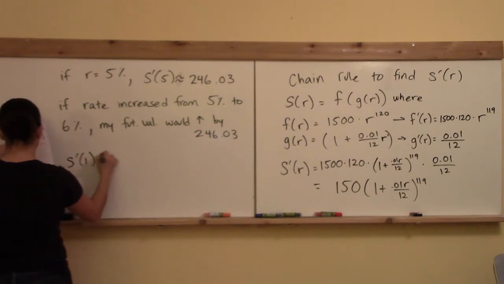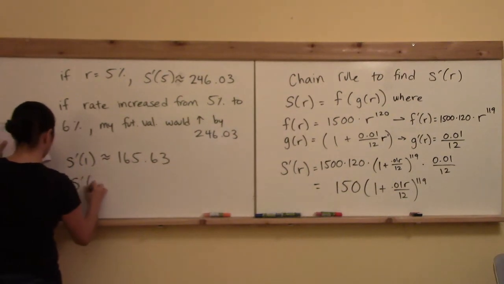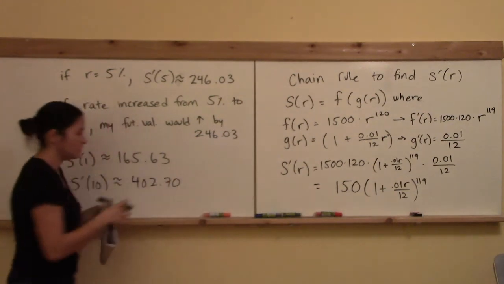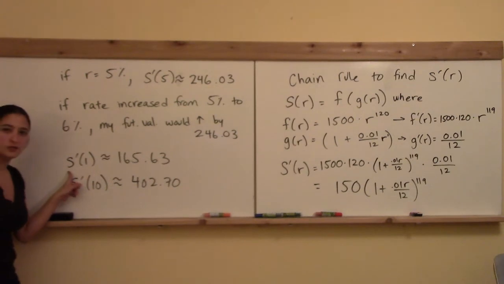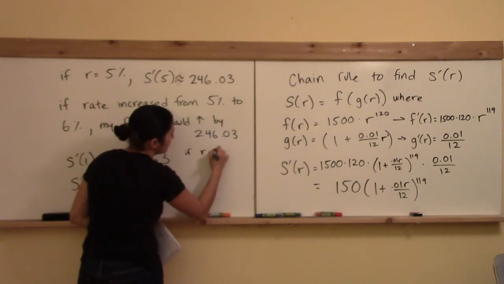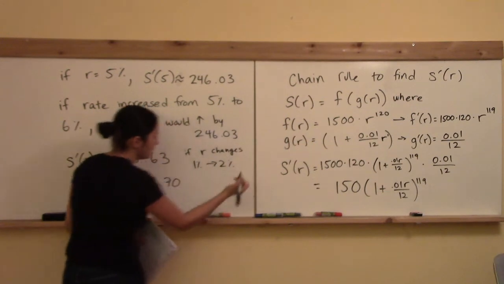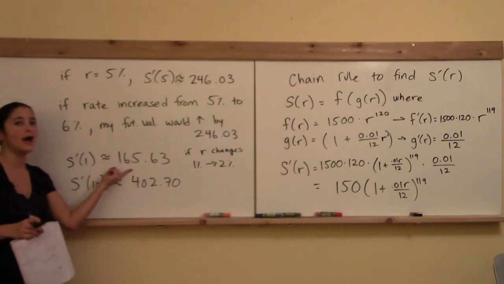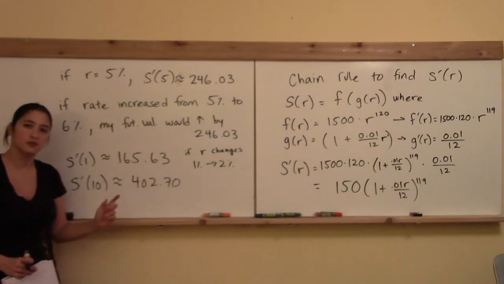I also did s prime of 1, and I got approximately 165.63. And then I got s prime of 10, and that was approximately 402.70. And what is all this mumbo jumbo over here trying to tell me? If I evaluate the derivative at r equals 1, it tells me if r changes from 1% to 2%, my future value after waiting that 10 years would be 165.63 higher under the 2%.